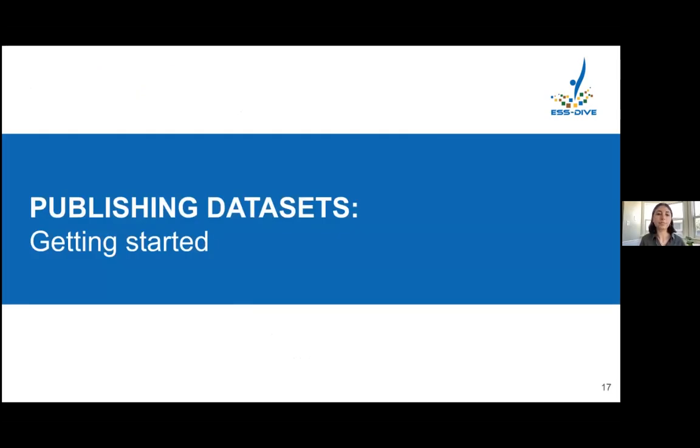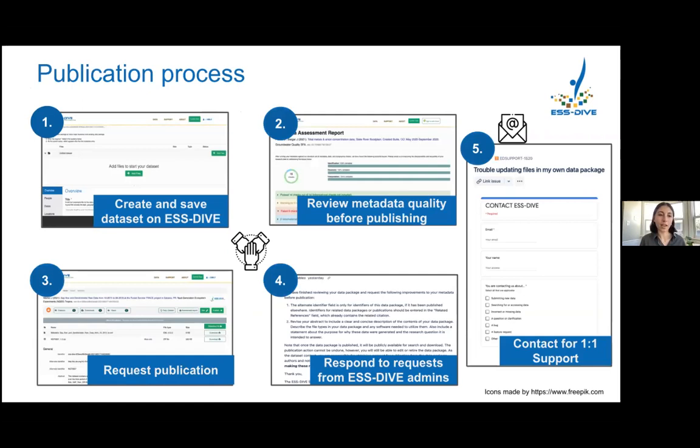We can move forward. Now, after you've gotten your data set together and you've even submitted it, what happens when you are ready for publication? Once you have reviewed the quality of your metadata using the metadata assessment report, you're ready to request publication. Feedback generated from the manual dataset review will be sent directly to you through email, and revision requests must be resolved before publication.